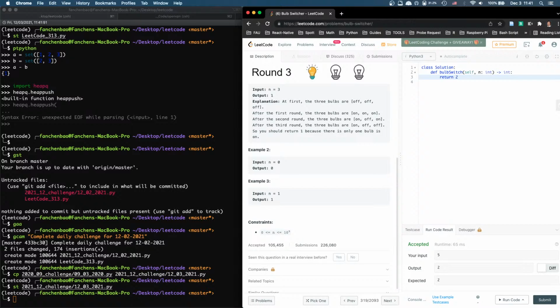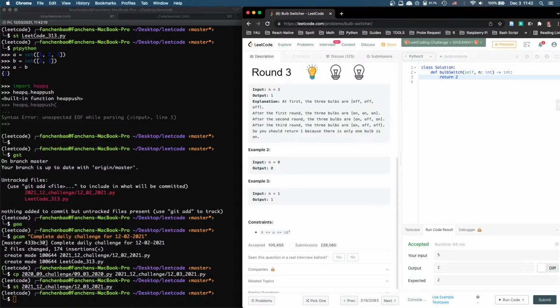So I have 2, 4, 7, 14, 28. So as 1, 2, 3, 4, 5, it's 5. It's an odd number, right? If it's odd number, it's going to be toggled on because it's off, on, off, on, off. If it's even number, it's off.